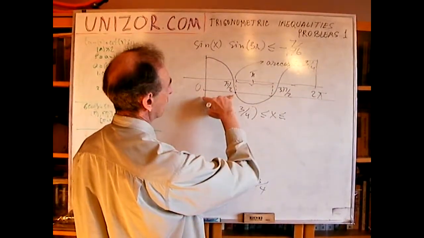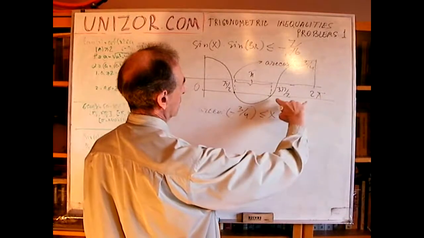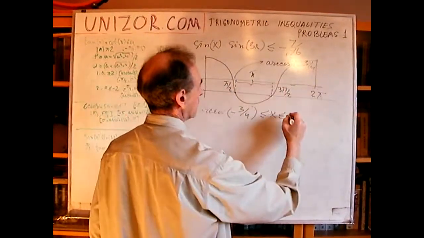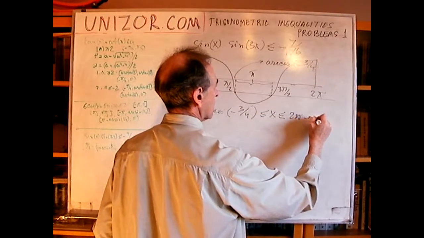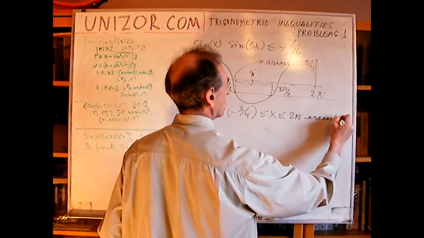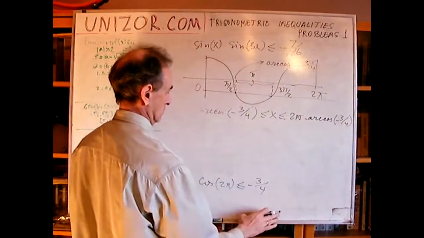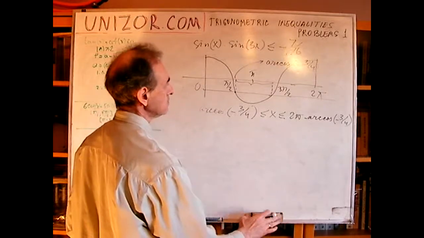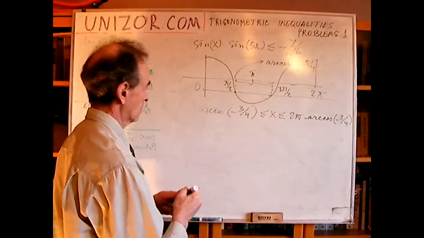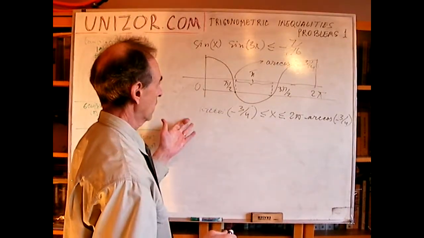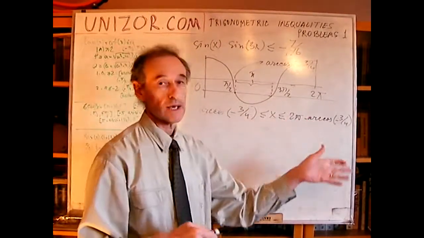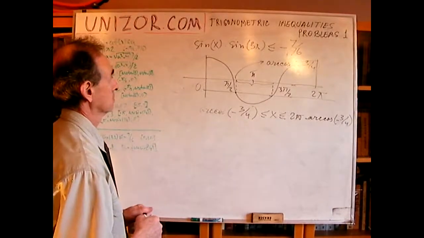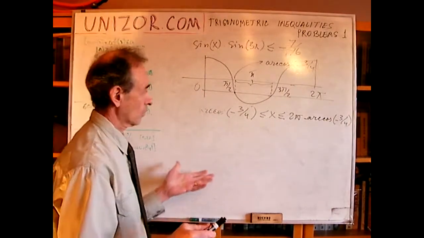Now, if this is arc cosine of -3/4, then this is 2 pi minus arc cosine of -3/4, because these are symmetrical, right? So that's the solution. And adding 2 pi to both sides will give you the complete solution. Well, that's it.